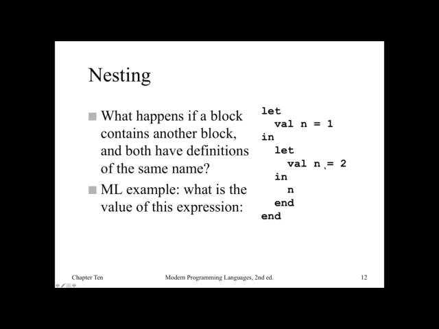Let that value n equal 1 in n. This expression here is going to evaluate to 2 in this case, right? And then what I have out here is the same as if I'd written let val n equals 1 in 2 end, okay? These are not the same n. This guy doesn't even see that n because it already has an n, all right?